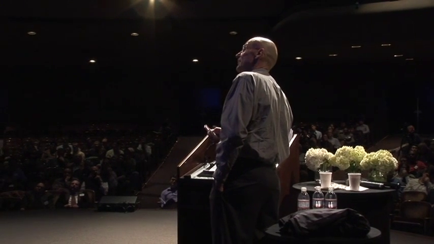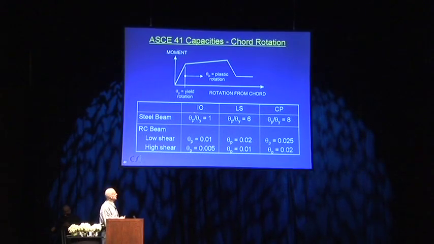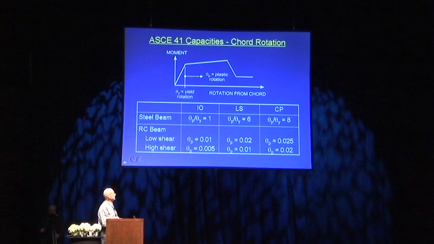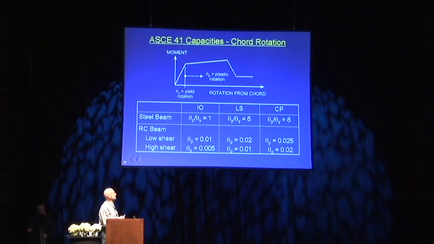ASCE 41 gives the capacities in terms of a ratio of plastic rotation to yield rotation. So for IO, it's 1, which means you can get to double the yield rotation. Life safety 6, you can get to 7 times yield rotation total. CP, it's 8, means you can go out to 9 times the yield rotation total.